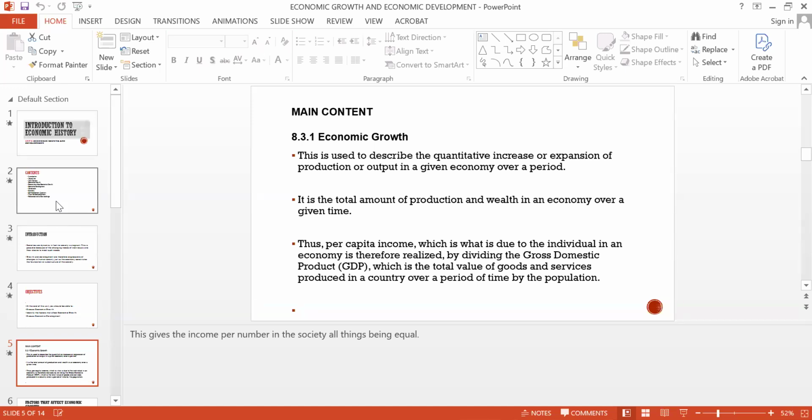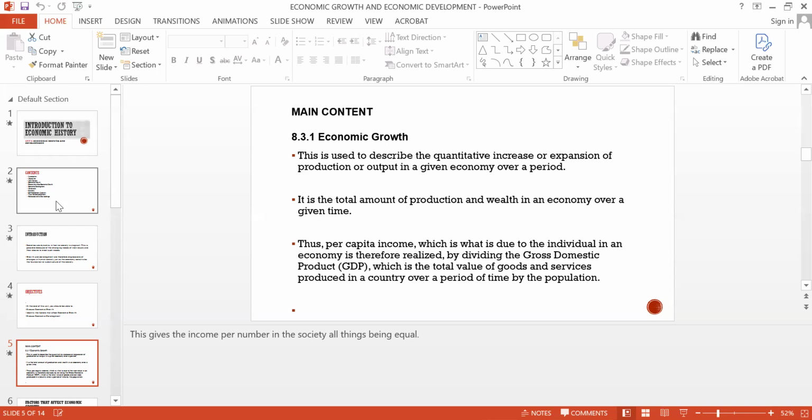Economic growth is the quantitative increase or expansion of production or output in a given economy or society over a period of time. It is the level, in quantitative, statistical terms, of output, of production of goods and services in a particular, given economy or country.